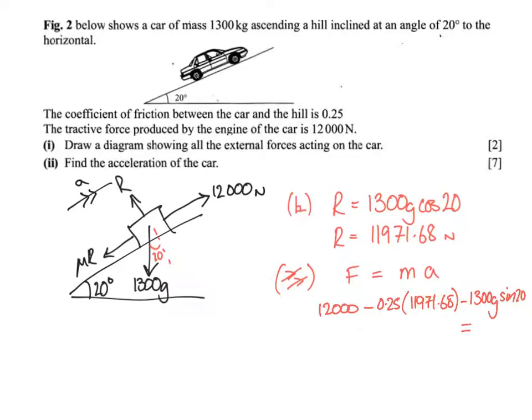The mass is 1300 kilograms, and the acceleration is what we want to find, so we're just going to call that a. When we put that all into our calculators, we get that 4649.76 is 1300a, and so we find the acceleration is 3.58. At this stage I'm doing it to 3 significant figures, in meters per second squared.